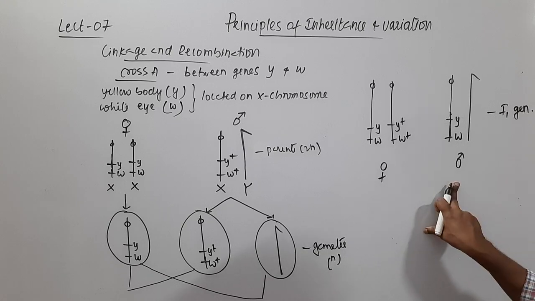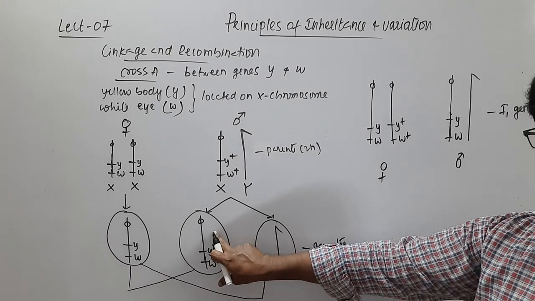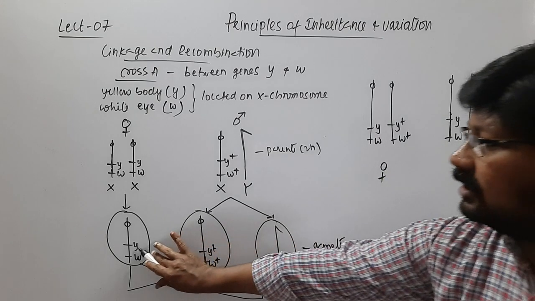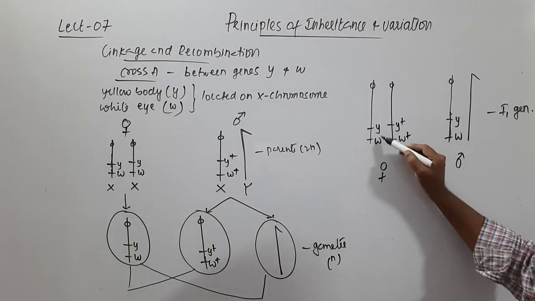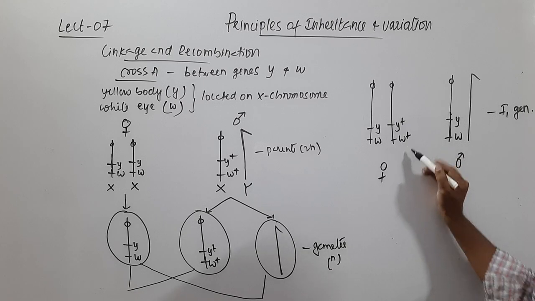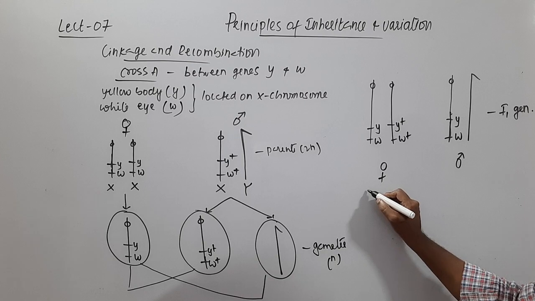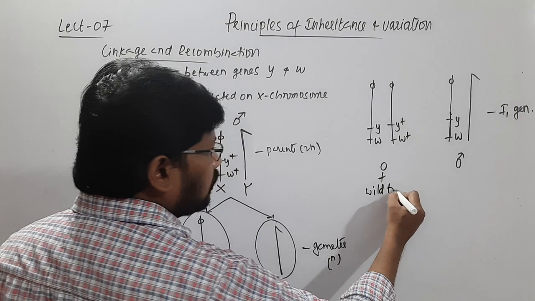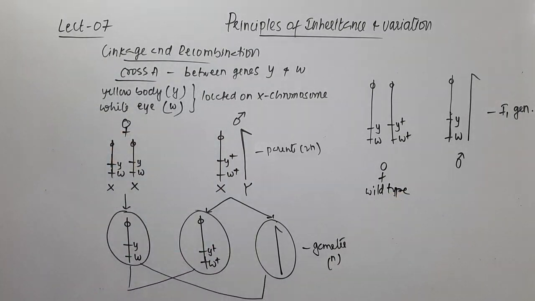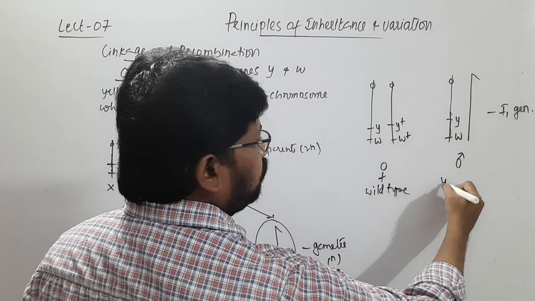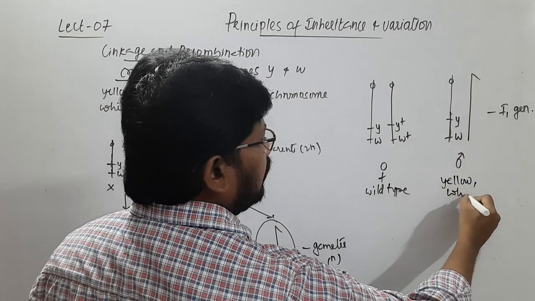The gametes, their union have resulted in this combination. So you can see this chromosome with YW here, and wild type Y plus and W plus. So this is the wild type, and the other one will be having yellow and white, so yellow body and white eye.